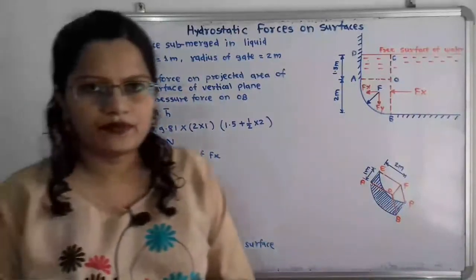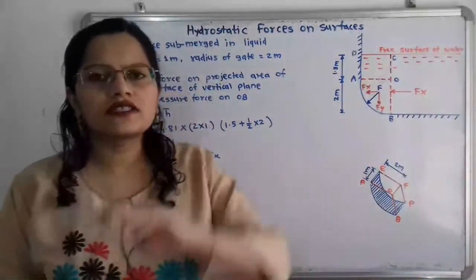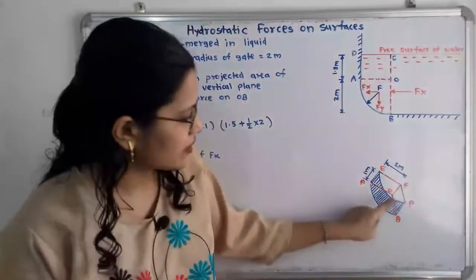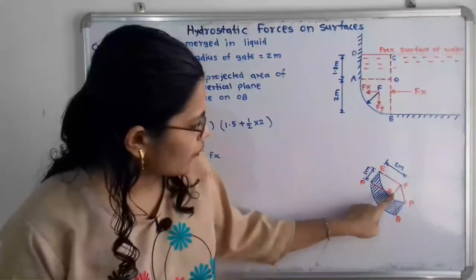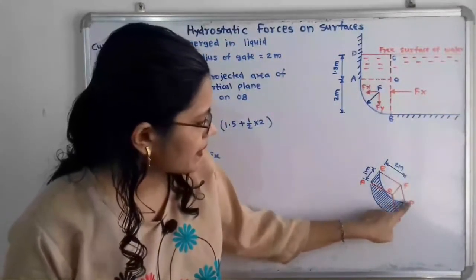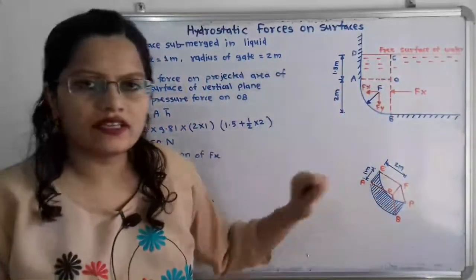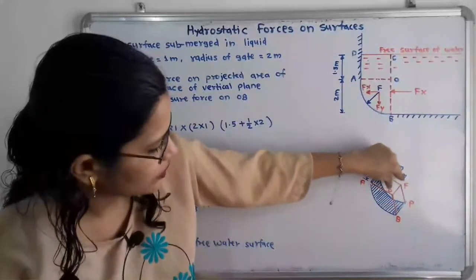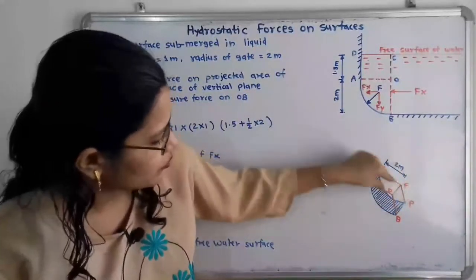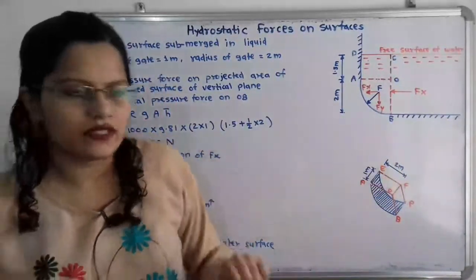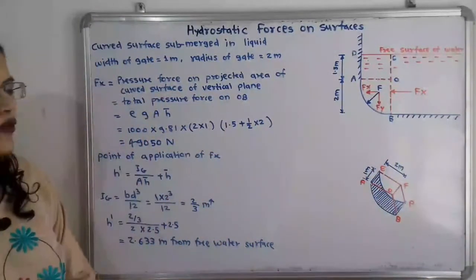Now the area: we have to consider the area along the vertical plane, the area of OBPF. What is the length of OB? That is 2 meter, which is given. And the length of O to F or B to P is 1 meter, that is the width. So we take 2 into 1.